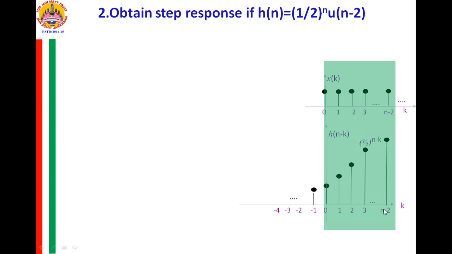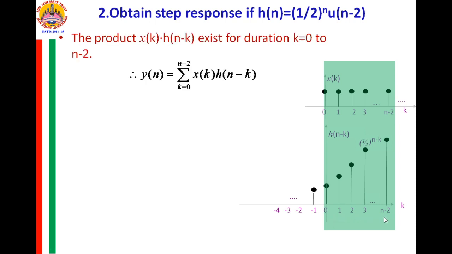Then this will exist up to n minus 2, and the product will overlap for the samples varying from 0 to n minus 2. Therefore, we shall write this convolution expression as summation k varying from 0 to n minus 2, x[k] into h[n minus k].